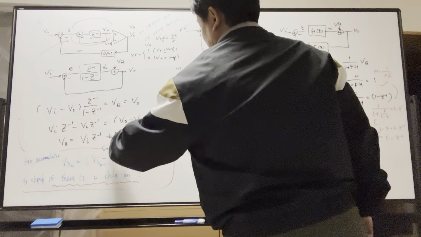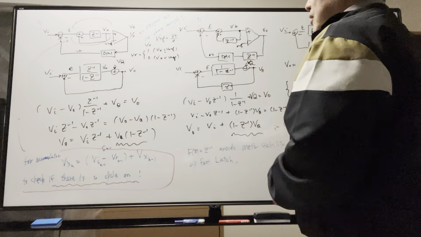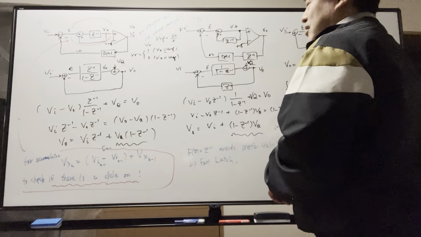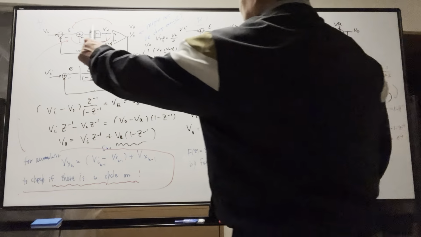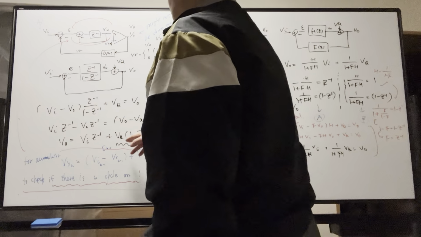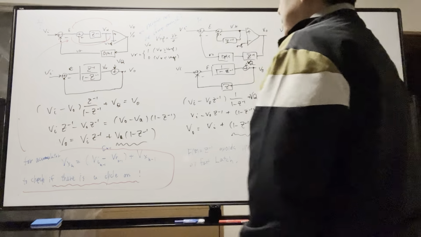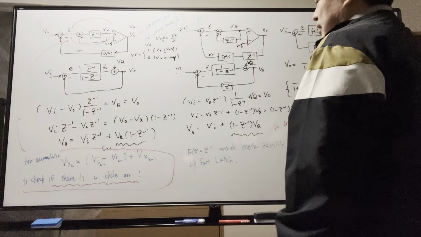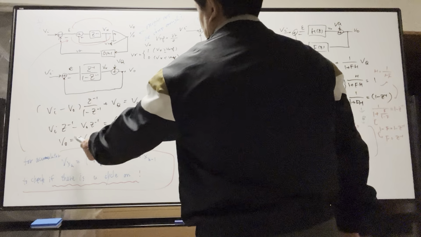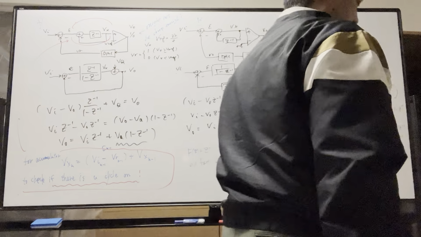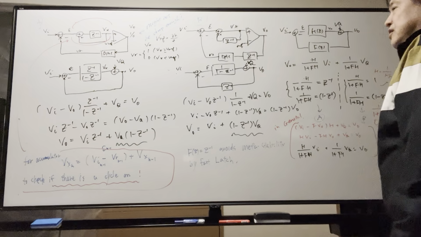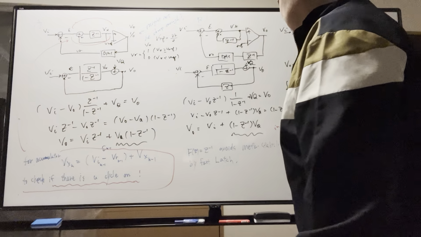This part goes to zero when f approaches 0, the DC level. So for constant Vi, we don't care about this VQ. And this is 1, so the output is just the exact value of Vi, especially when Vi equals DC.